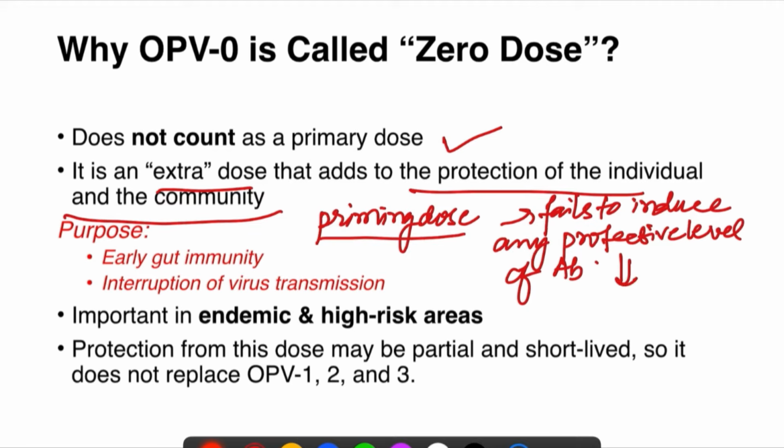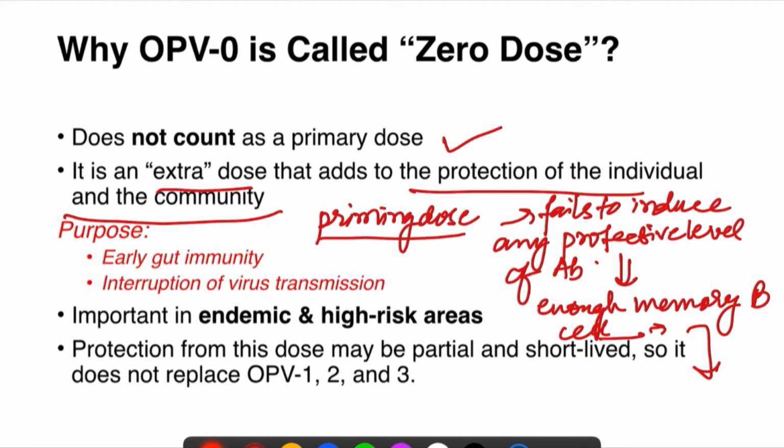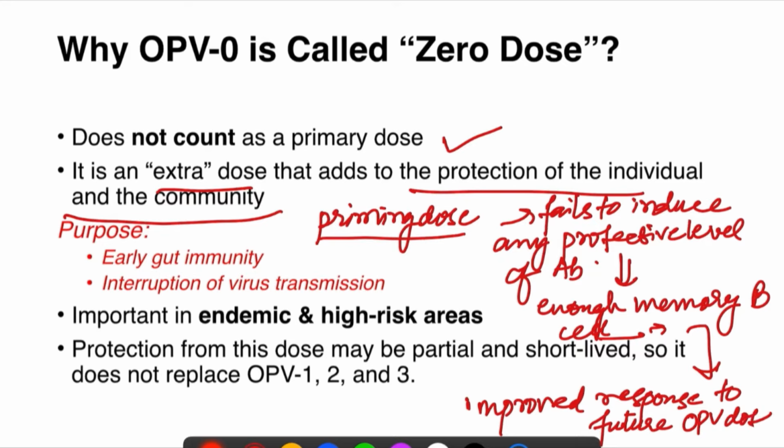But this dose is sufficient to induce enough memory B cells that can be boosted, giving improved serological responses to future OPV doses. It is particularly important in endemic and high risk areas. Therefore, the protection from this dose may be partial and short-lived, so it does not replace the OPV 1, 2, 3 doses.